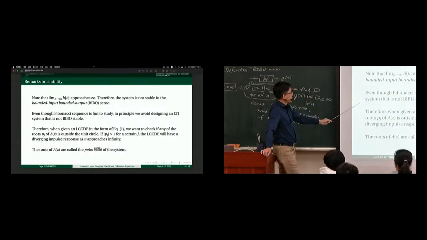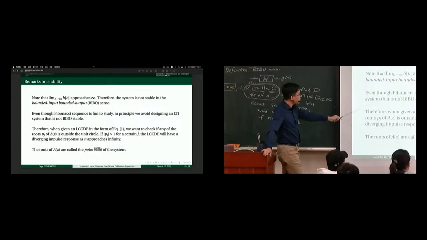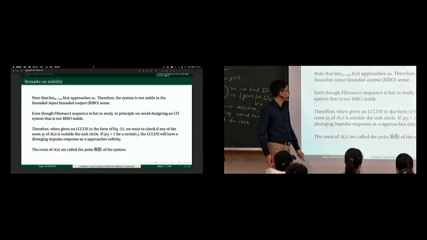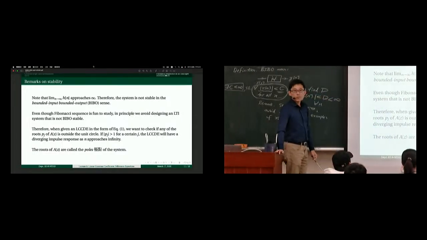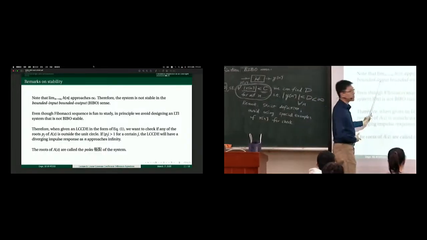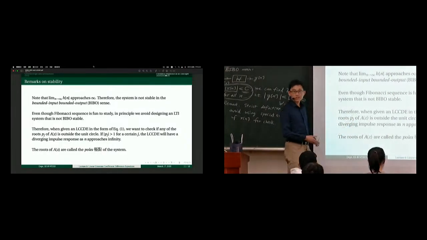Second comment. Even though this system, the Fibonacci system, produces the Fibonacci sequence and is quite fun to study, in principle we avoid designing a system like that. In the rest of the semester, we want to design systems that are BIBO stable. This is just fun to study.